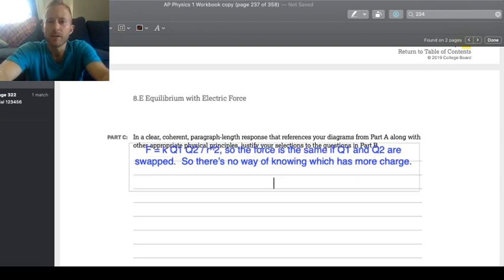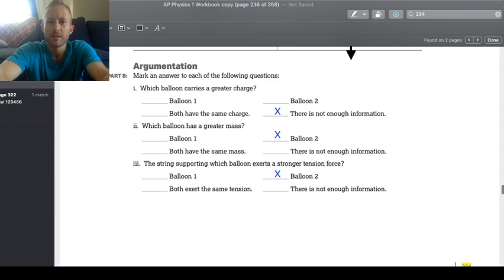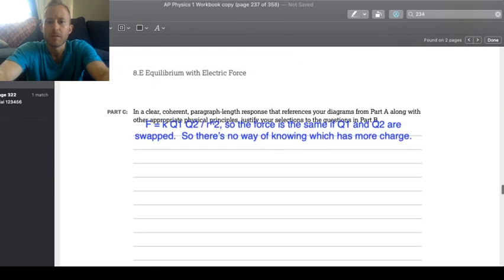Then for the next part, I would say balloon 2's rope is more vertical, which indicates more mass.